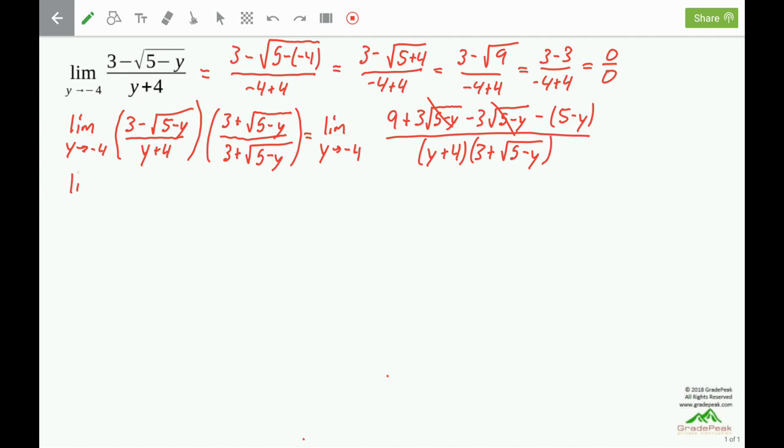Now our next step, we're going to distribute the minus sign. In the numerator, we have 9 and then minus 5. And then distributing the minus onto the y, it will make it become a plus y, over the denominator of y plus 4 and 3 plus the square root of 5 minus y.